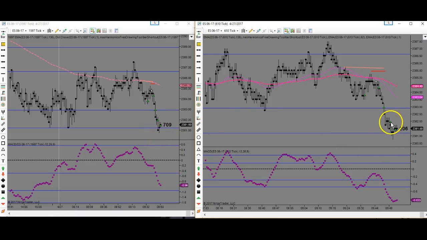If I'm looking at exits just simply based off of the way that the price is acting.